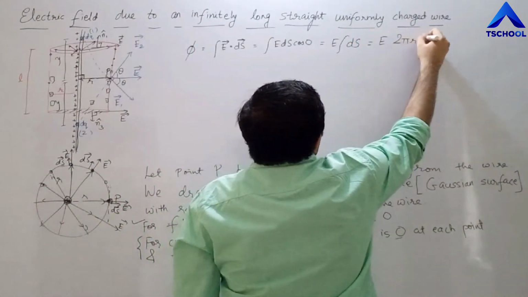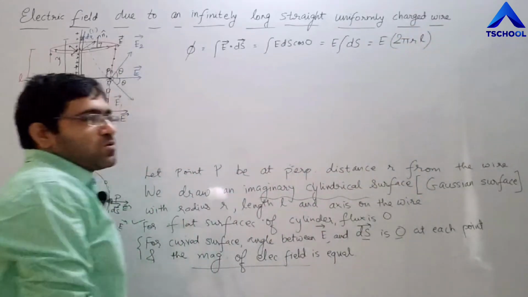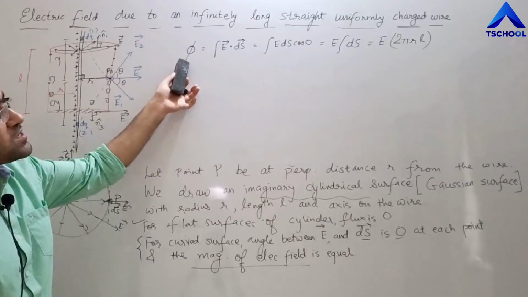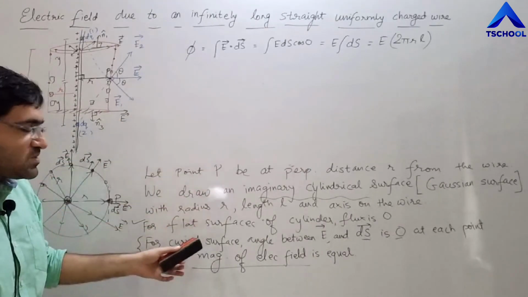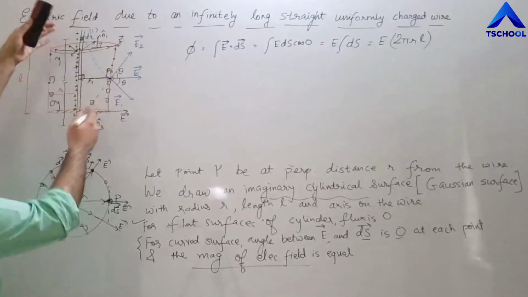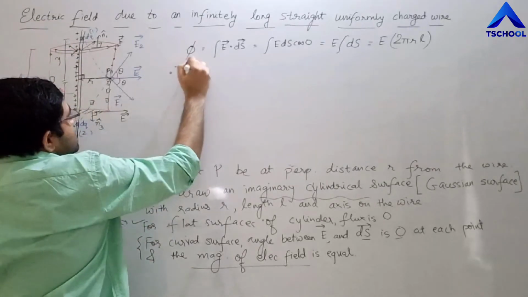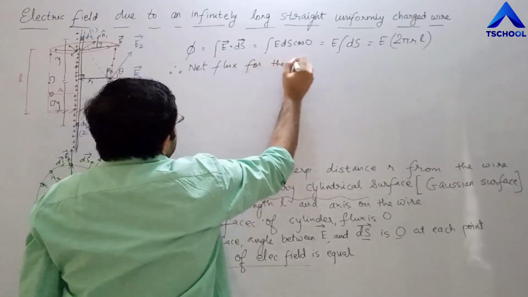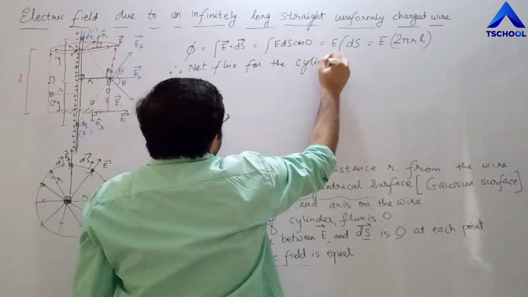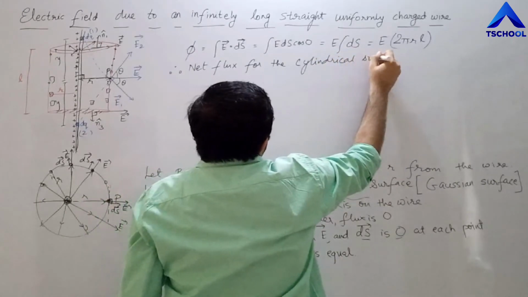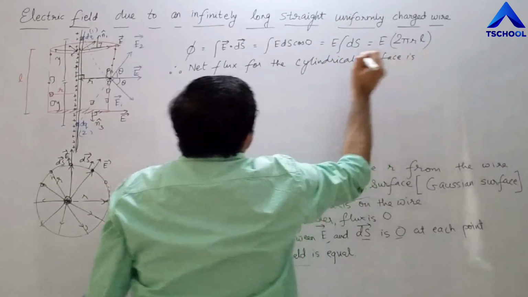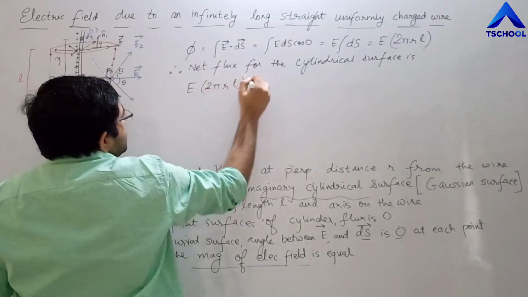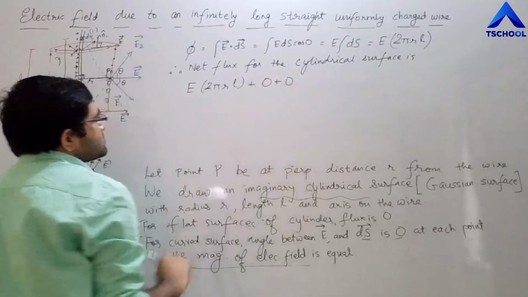It is going to be 2 pi rL, right? So now this flux is the flux for the curved surface. But because other surfaces have 0 flux, I can write therefore the net flux for the cylinder or cylindrical surface is E into 2 pi rL plus 0 plus 0.